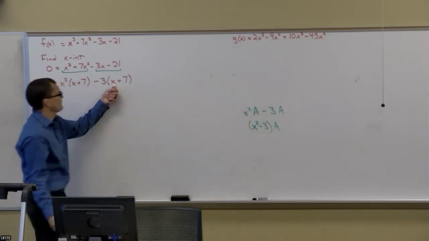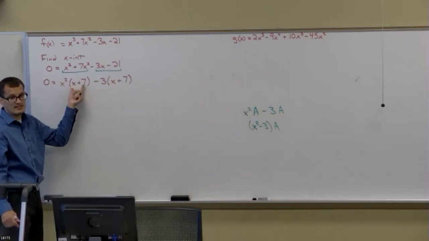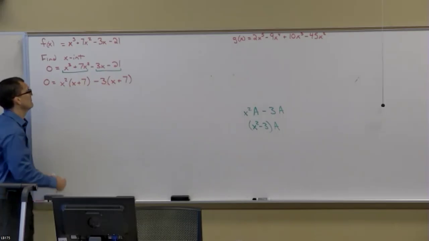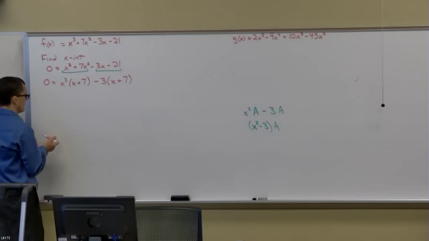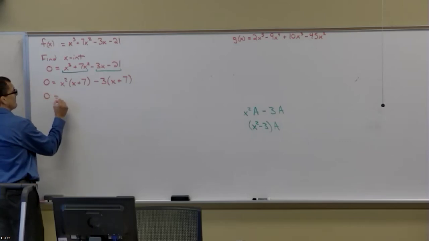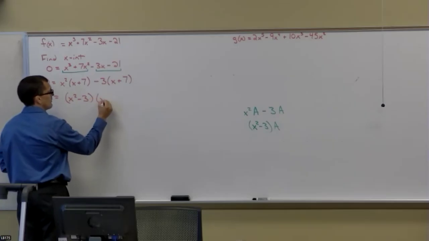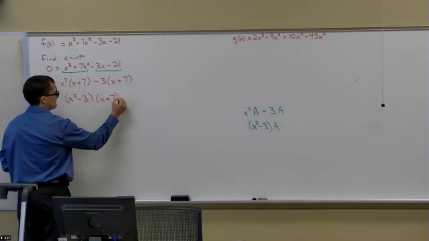But that's what we're going to do here with this x plus 7. It's just a number. X plus 7 is a single quantity. And so I can factor that out in the sense of I can say this is going to be x squared minus 3 all times the number x plus 7.